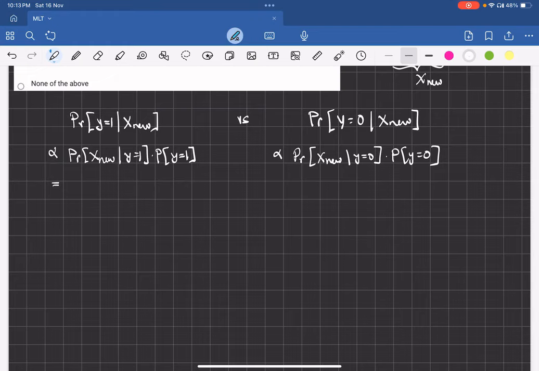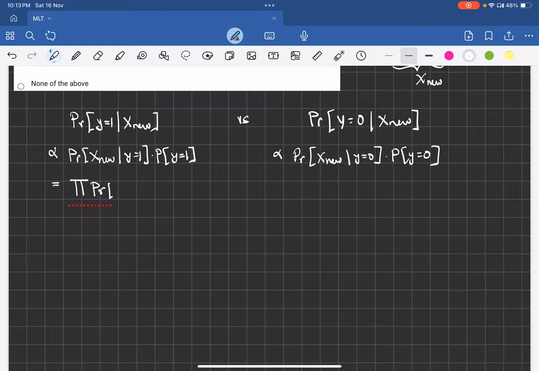So we can write the joint probability as the product of the probabilities. This was done in some previous foundation courses.